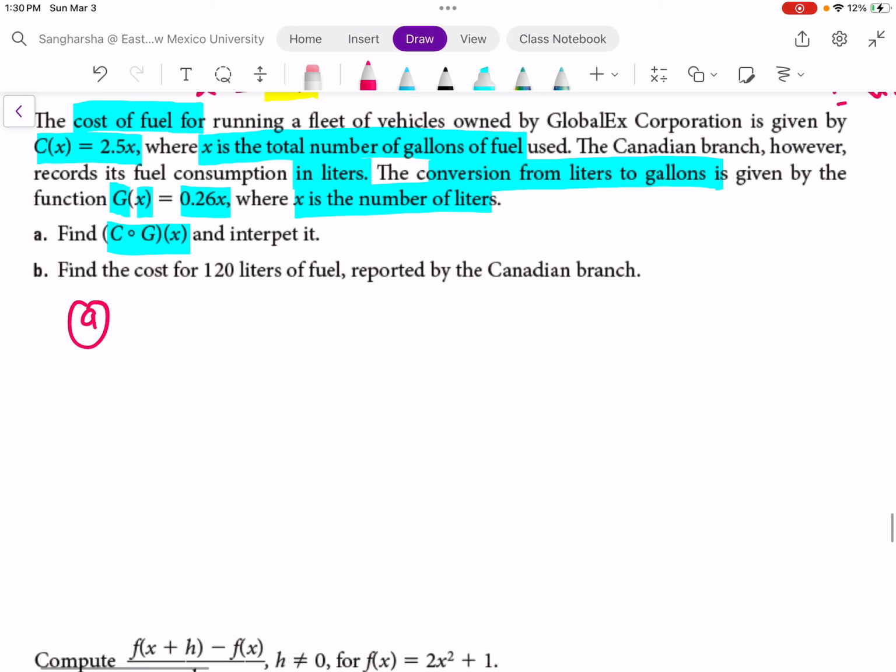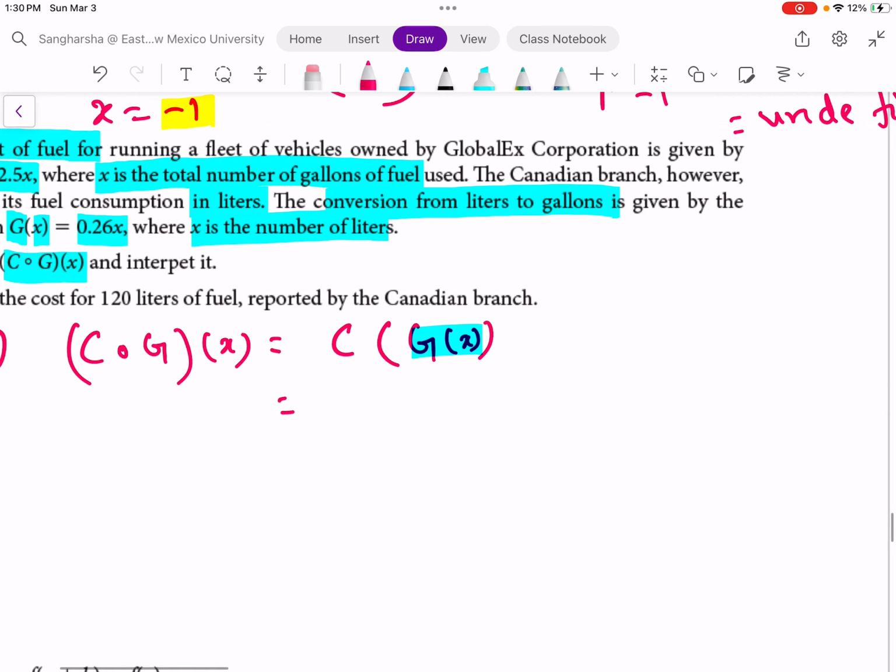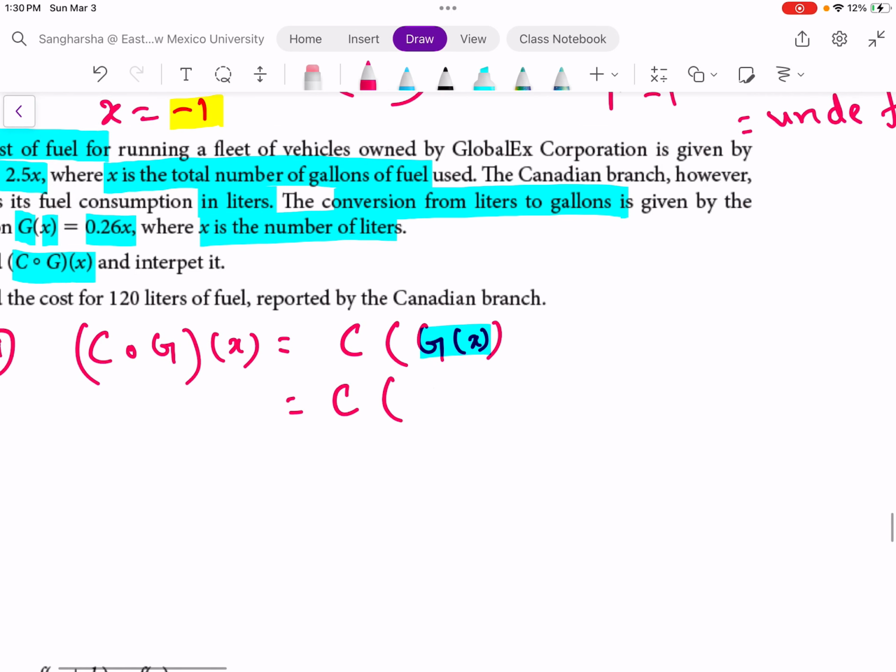So in part a, we are asked to find c composite g of x. From the definition, we have c of g of x. Now we substitute our g of x. We know g of x is 0.26x.